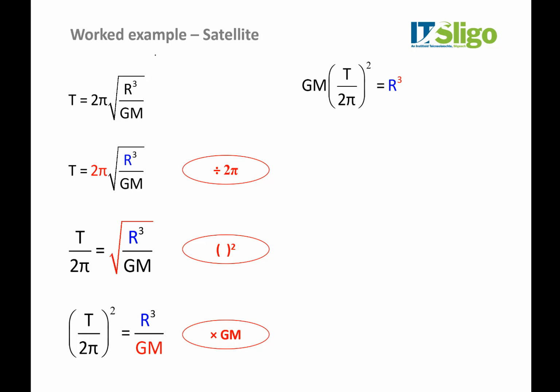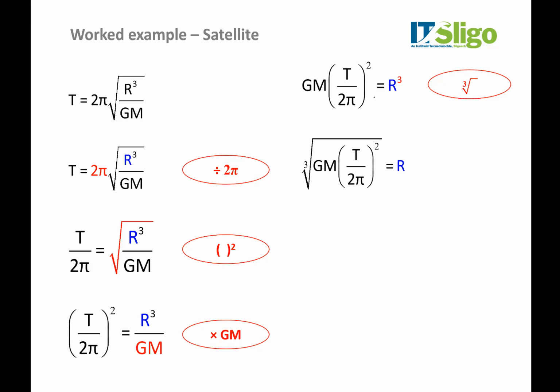So in surd form, to the power of a third is the same as the cube root. So we're going to get the cube root of both sides. Again, when we get the cube root of this side, the cube and the cube root will cancel out.